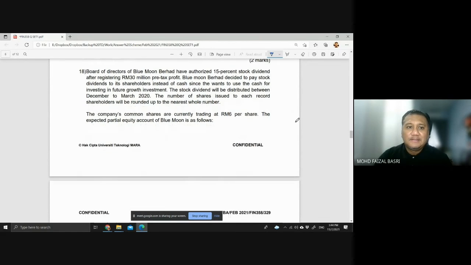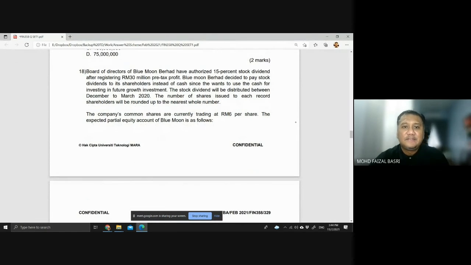Okay, next question number 18 ni. Board of directors, this is stock dividend pula authorized 15%. Okay, so the percentage there is 15%. This is the earning before interest and taxes. Nak bayar stock dividend instead of cash sebab dia nak guna cash for something else.